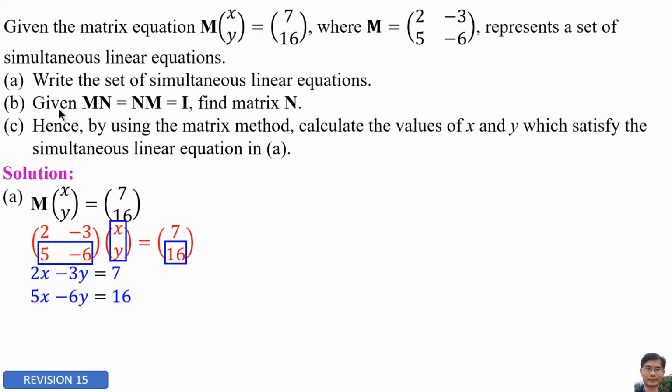B. Given MN equals NM equals I, find matrix N. The solution B. M equals.